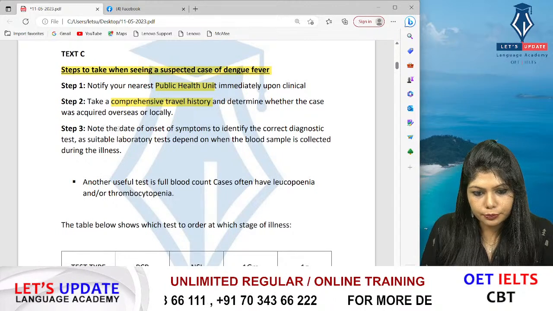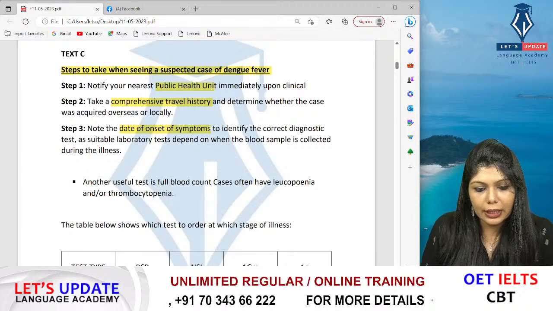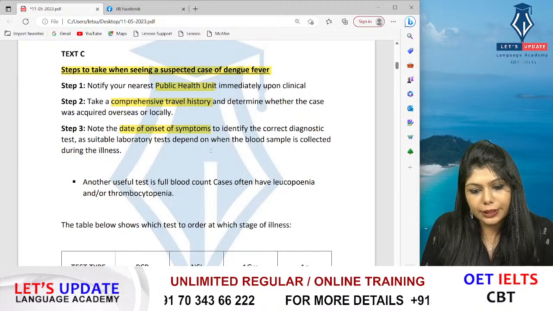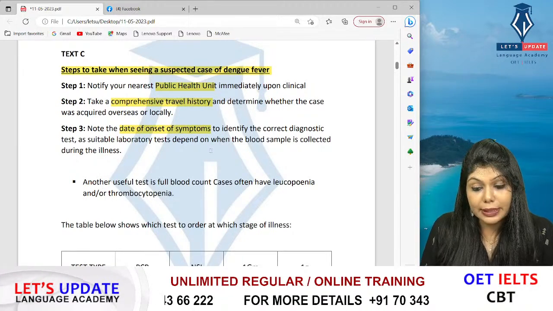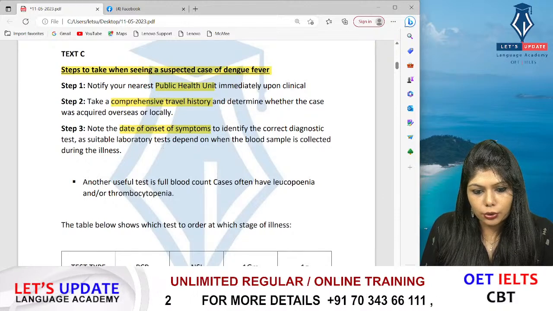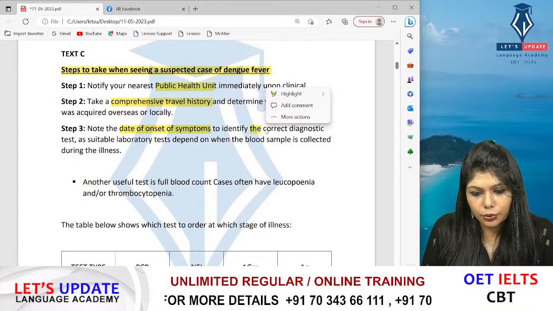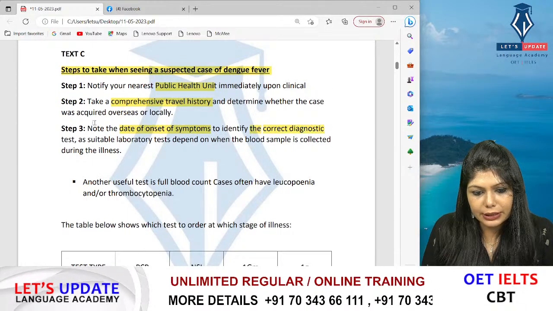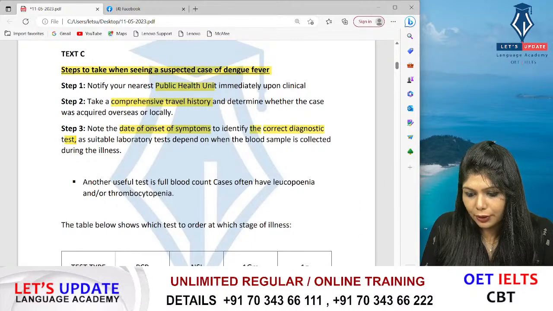Okay. The date of onset of symptoms should be noted, as suitable laboratory tests depend on when the blood sample is collected during the illness. So identify the correct diagnostic. So yeah, those are the important points.